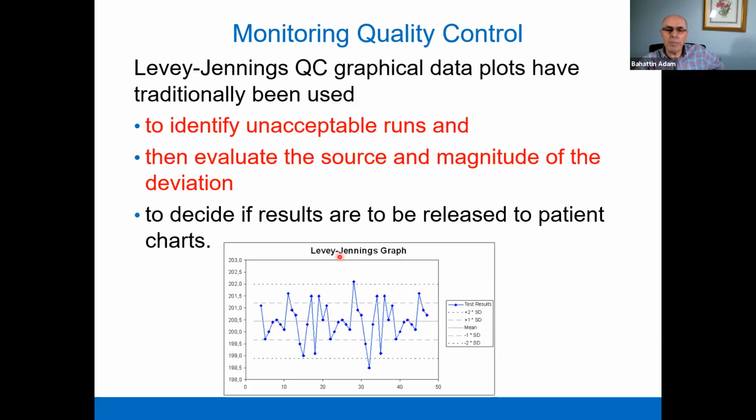Now, we need to monitor the quality control, the quality of your test, okay?